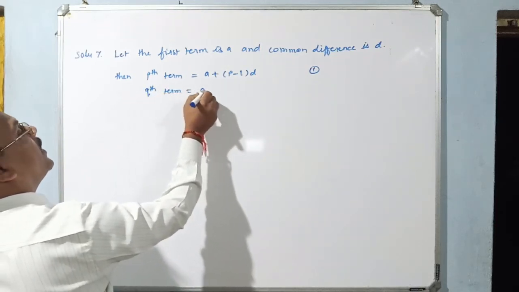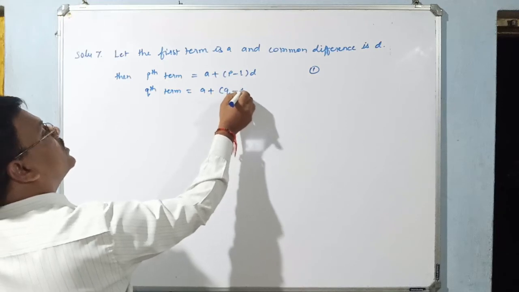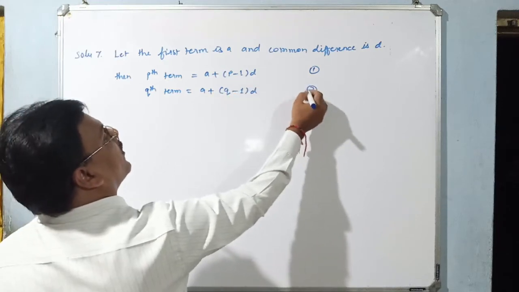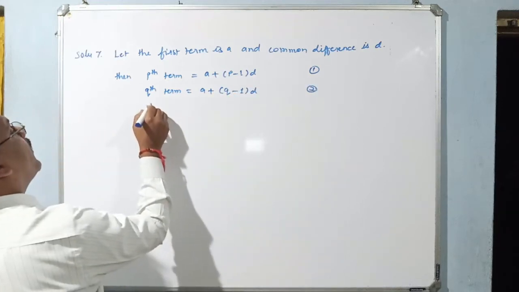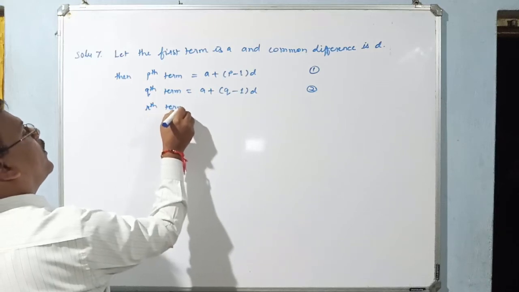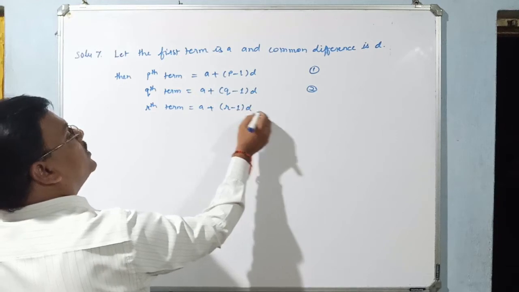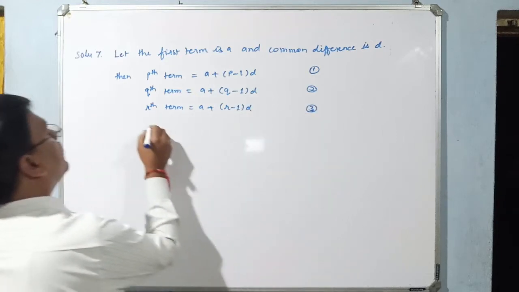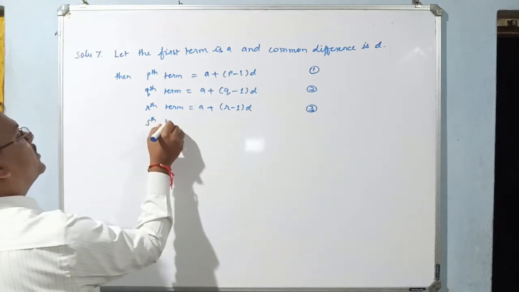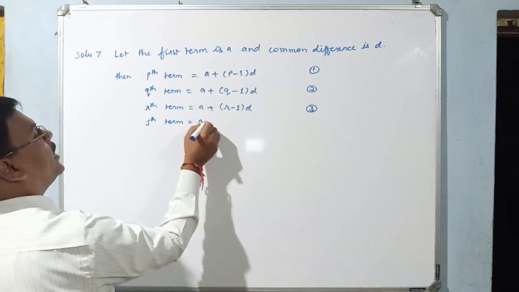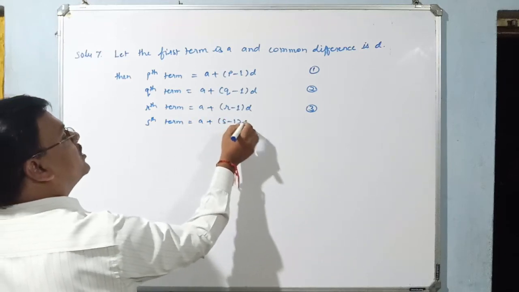Qth term is a plus q minus 1 into d. Rth term is a plus r minus 1 into d. Sth term is a plus s minus 1 into d.